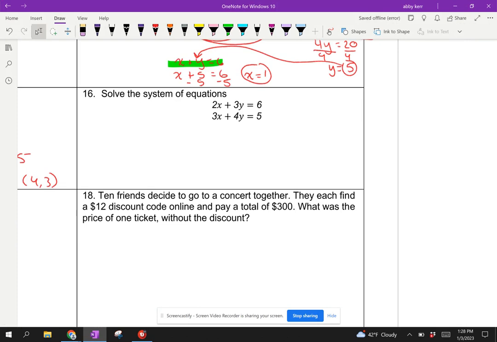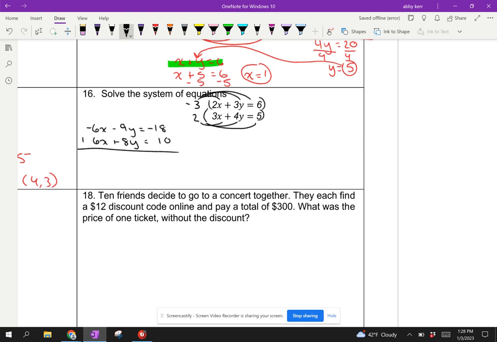Same thing with number 16. This is set up for elimination. So crisscross them and make one of the factors opposite. So I'm just going to distribute the first equation. Going to distribute to the second equation. All right, we have negative 1y equals negative 8. I'm going to divide by negative 1.